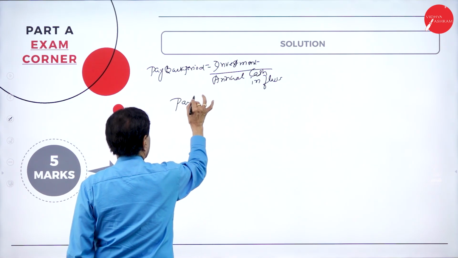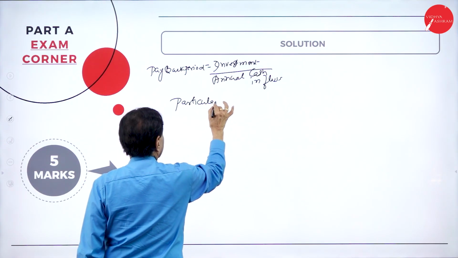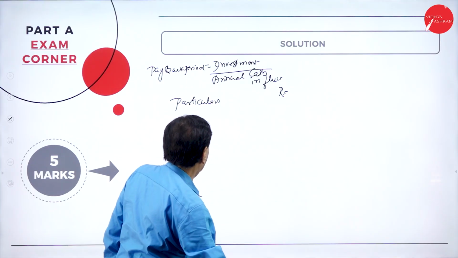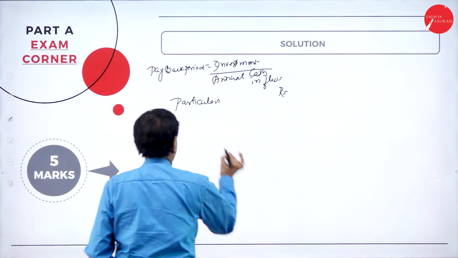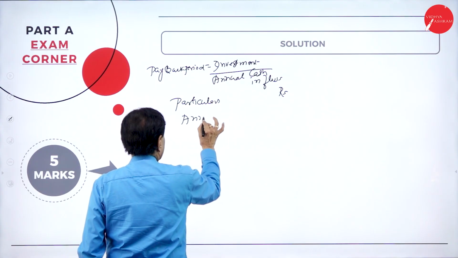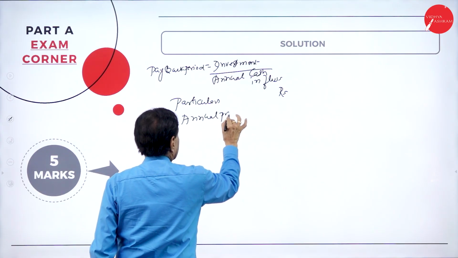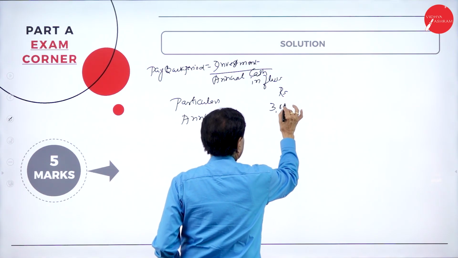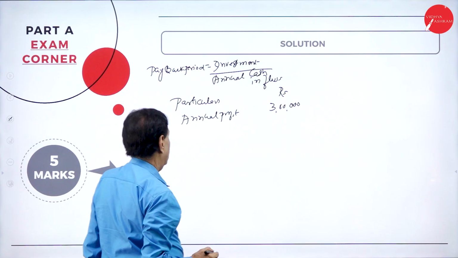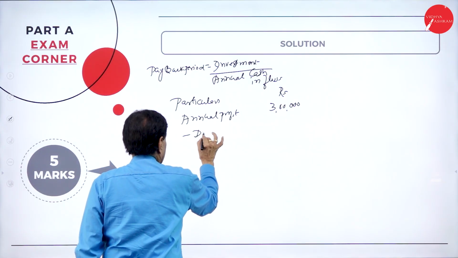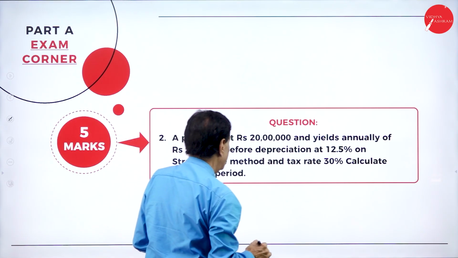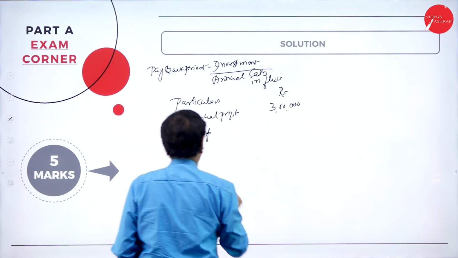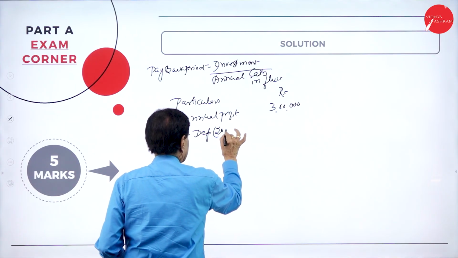Particulars, rupees. What's your profit now? Annual profit is rupees 3 lakh, minus depreciation. What's the percentage? 12.5% on the cost of the project, 20 lakh.